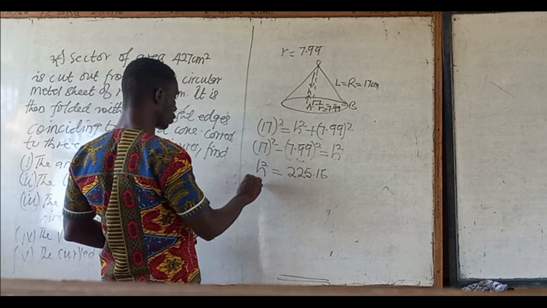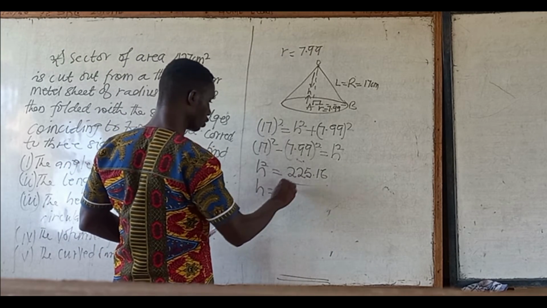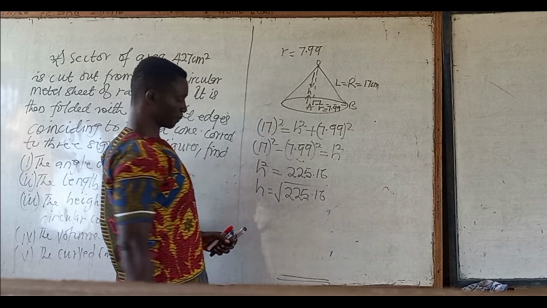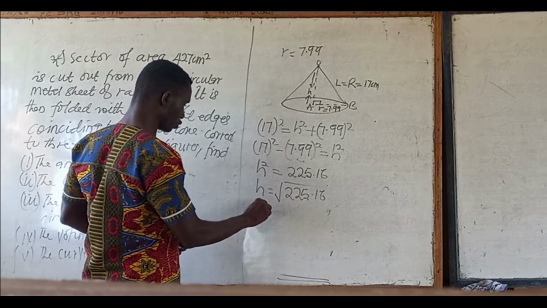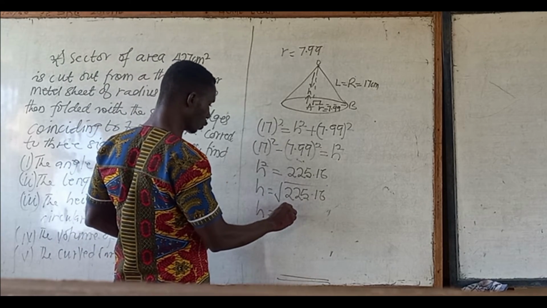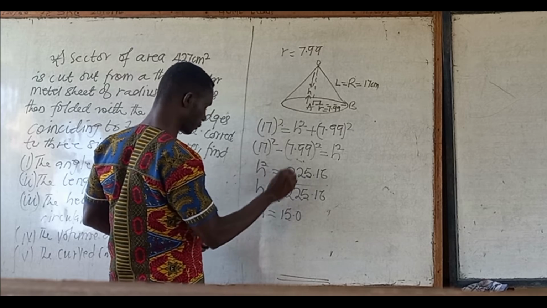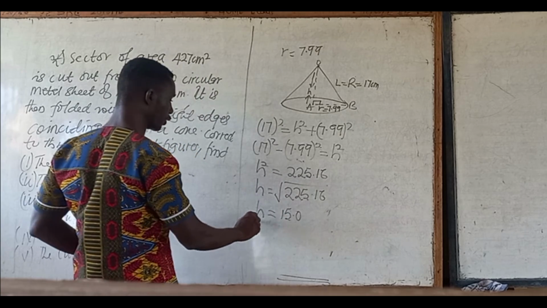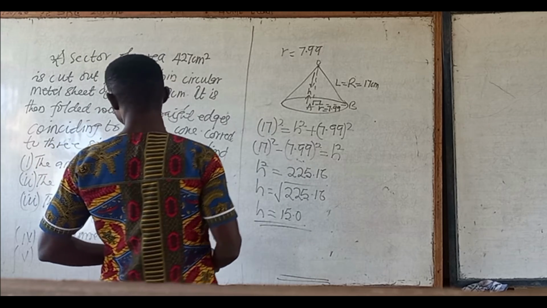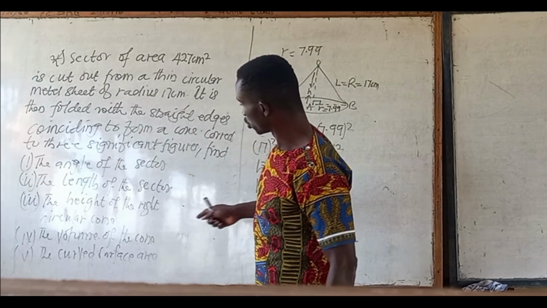So you take the square root, and you get H to be equal to 15.0. So the height of the cone is 15.0, as the question was demanding us to do.